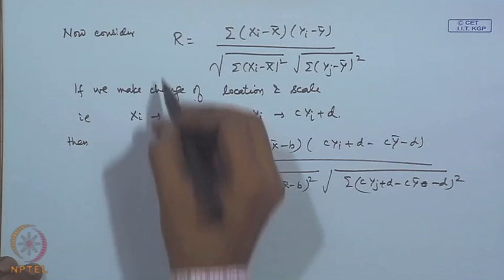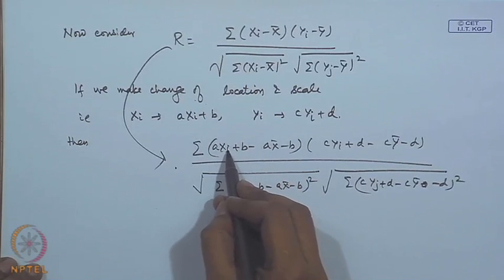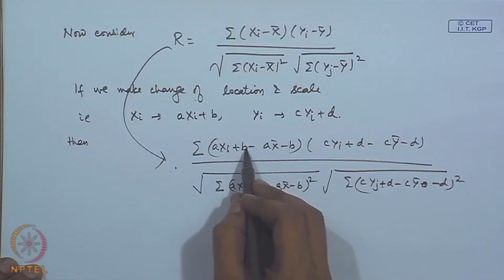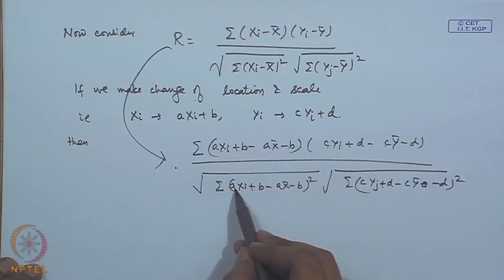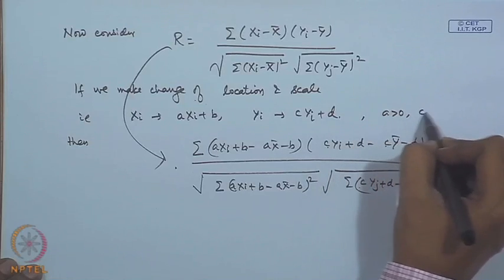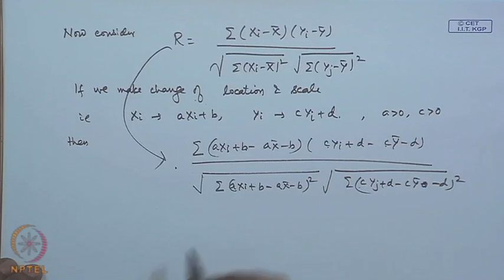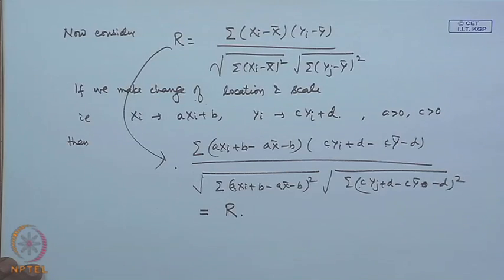So, now if you see here, b will cancel, d will cancel, c and a will come out, and here also a and c will come out. So, we of course put the condition a greater than 0 and c greater than 0. Then this is equal to R again.